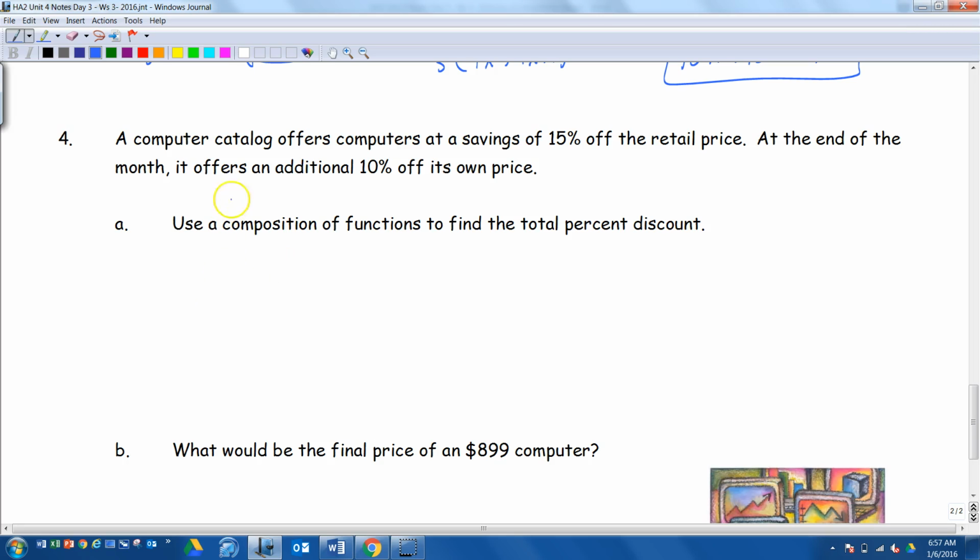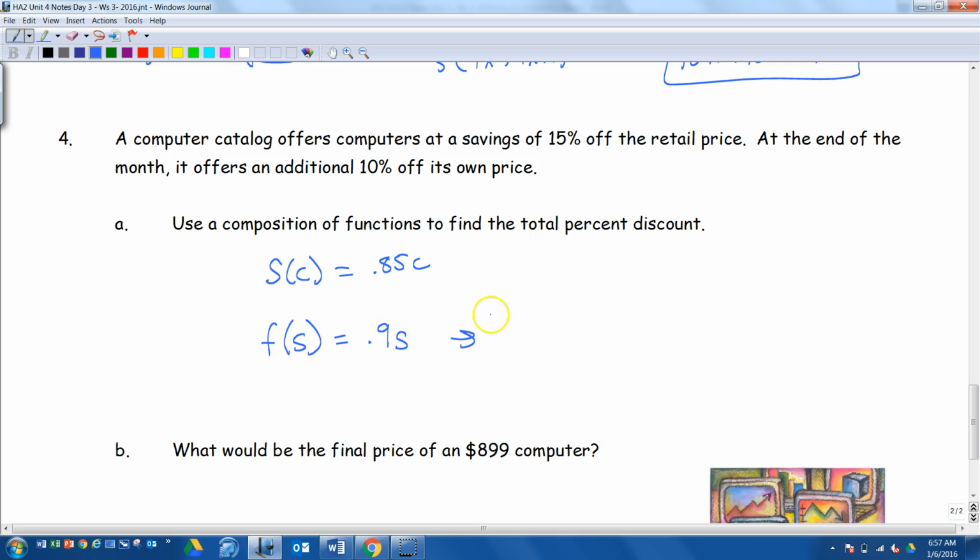Well, first we're going to say that the sales price with respect to the cost is 15% off means you're paying 85% of the cost. So that is that one. Then we also know that the final cost, the final price, with respect to the sales price, it's 10% off of that. So 0.9 or 90% of the sale cost, which is this one here.